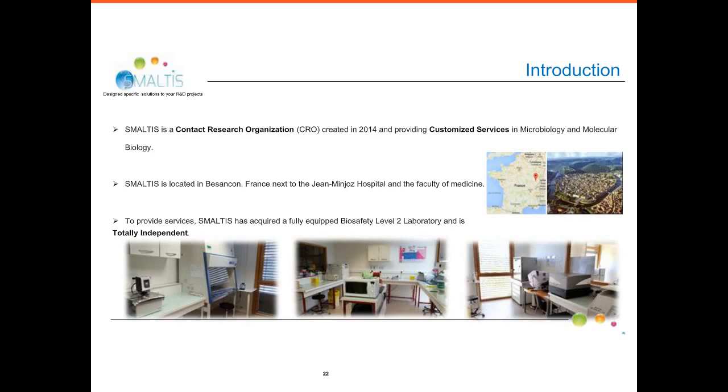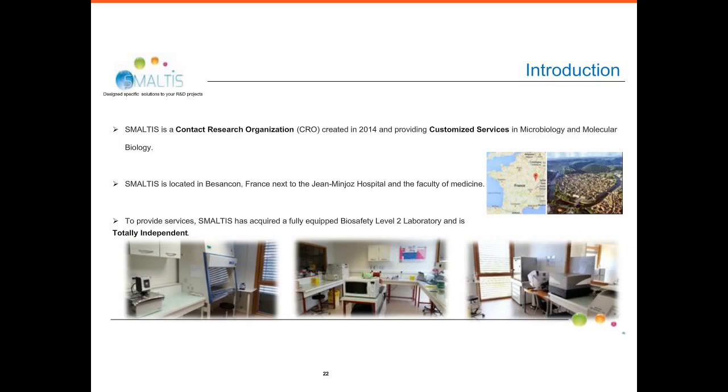As you can see, SMALTIS is located in Besançon. It's located in the east of France, next to Switzerland, around 1 hour by car. And we are located near the Jean Minjoz Hospital and the Faculty of Medicine to have a very important work network and collaboration.